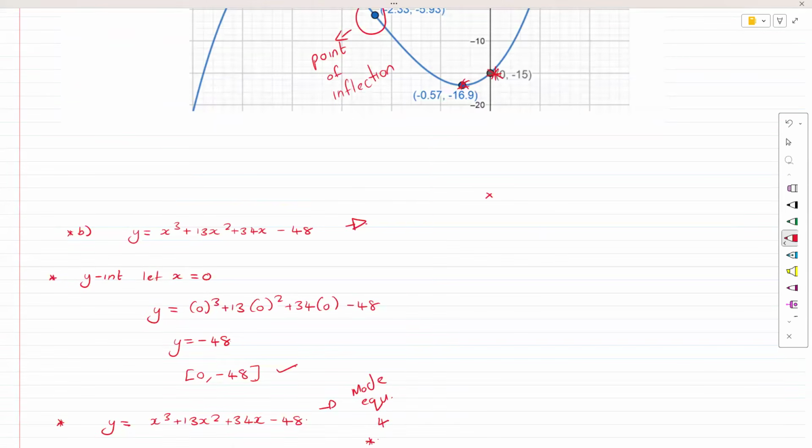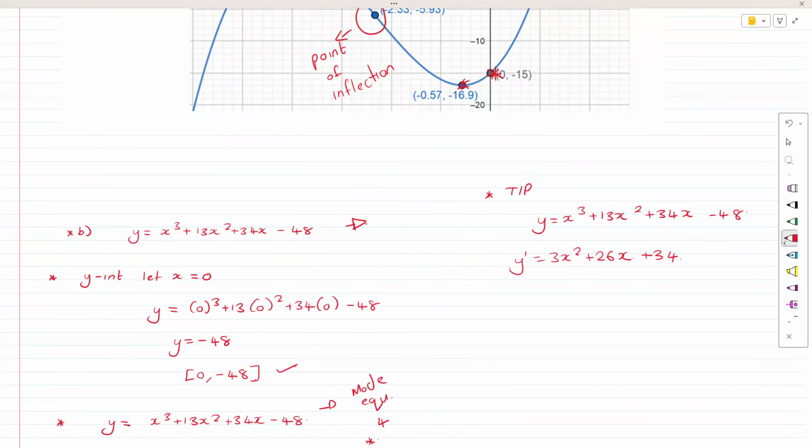But if we deal with the turning points, what would the first derivative be? The first derivative would be 3x squared plus 26x plus 34. Well done.